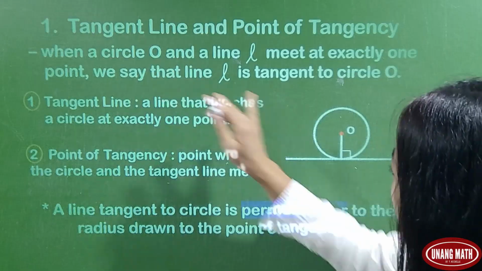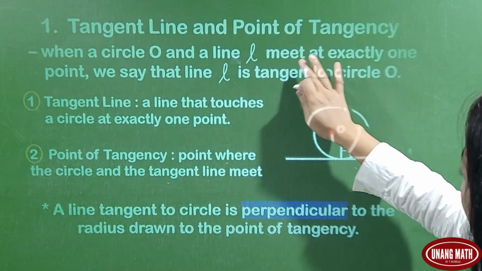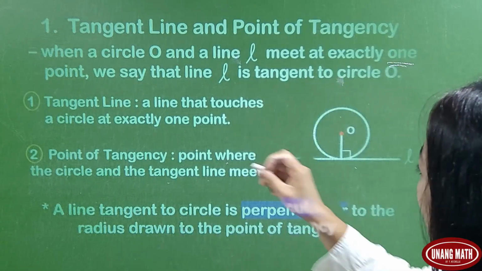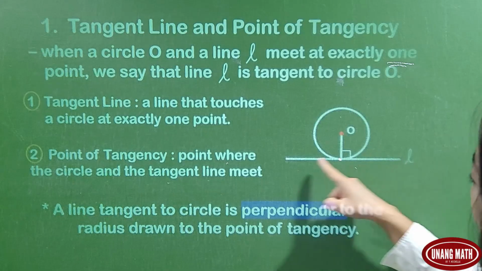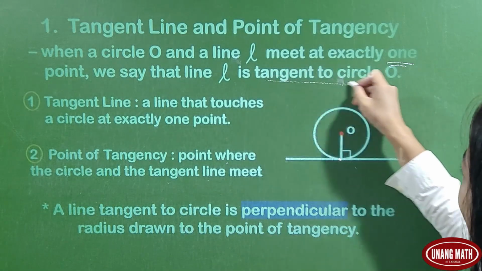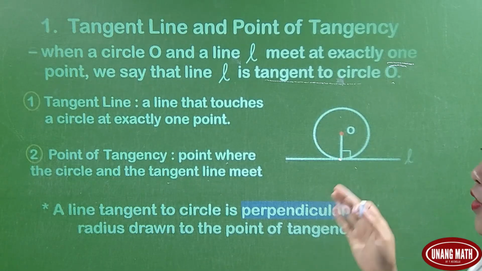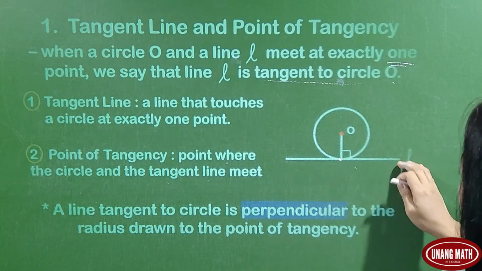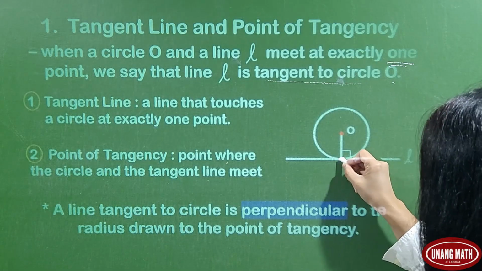When circle O and line L meet at exactly one point, we say that line L is tangent to circle O. So in this figure, line L and circle O meet at this point.